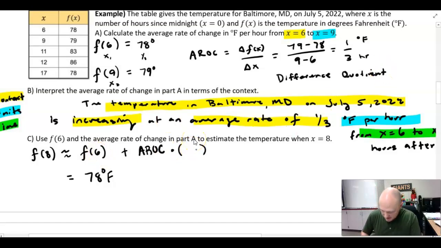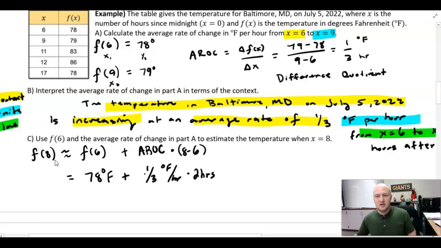So I'm starting at 6 and I want 8. So I'm going to take 8 minus 6. So essentially 2 more hours have to pass in order to end up at 8 a.m. or 8 hours past midnight. So I'm going to add 1/3 degree Fahrenheit per hour times 2 hours.